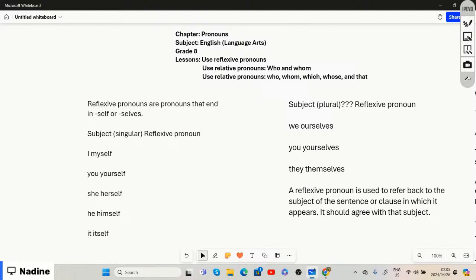All right. So once again, this is a continuation of our previous lesson on pronouns. And we're still going to do pronouns next week, on our next session.